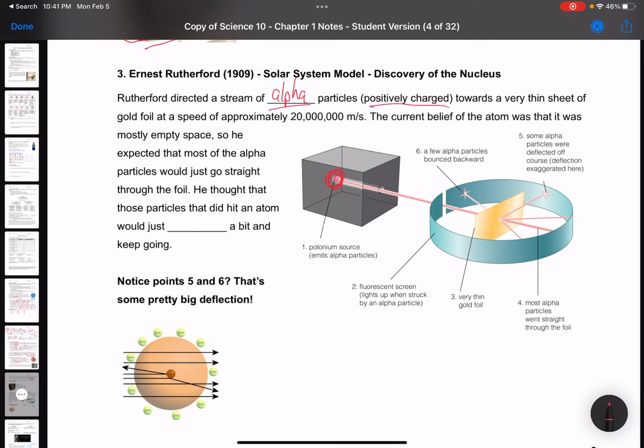So he directed them towards a thin sheet of gold foil. If you take a look at this diagram, we can see the thin sheet of gold foil. We can see the path of the alpha particles coming inwards to this device. And then the speed of them, that's 20 million meters per second. I want you to stop for a second and think about that. 20 million meters per second.